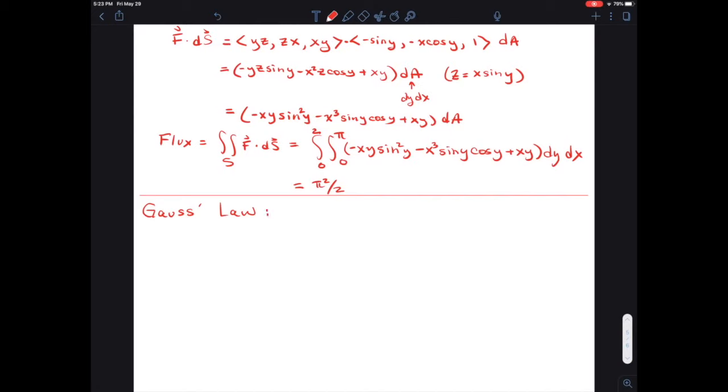So this is for flux of an inverse square field across a closed surface S, and we'll go ahead and say S contains the origin.